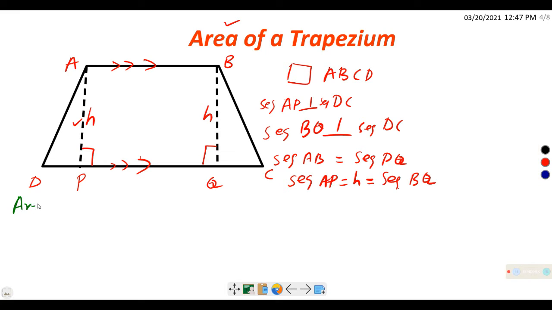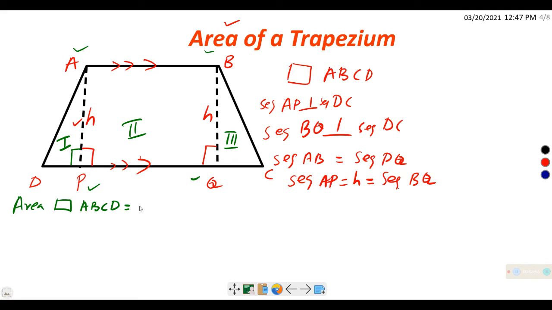The area of the trapezium ABCD can be calculated by calculating the area of this right angled triangle, because it is a right angle here, the area of this rectangle, which is ABQP, plus the area of this right angle triangle, which is BQC.